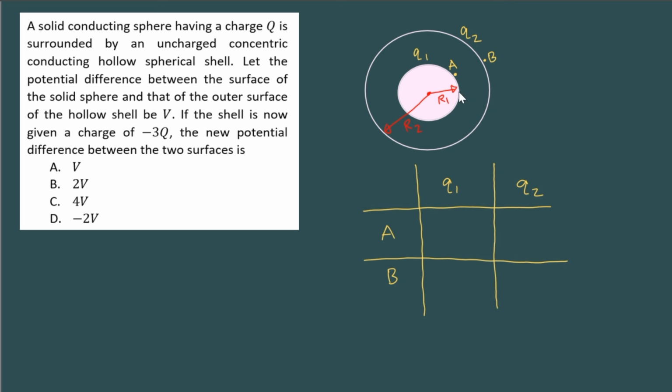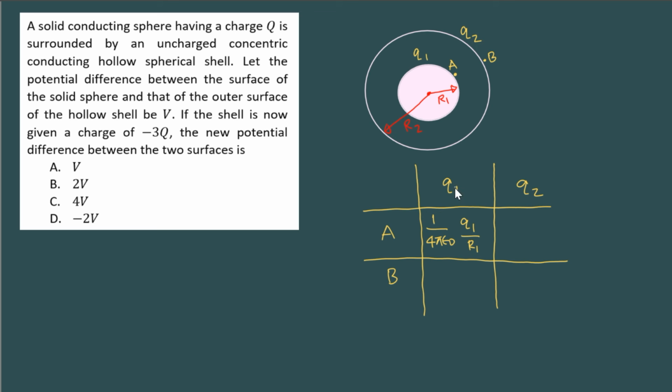Now what is the potential due to Q1 at A? It is a point just outside, so we simply have 1 by 4 pi epsilon naught Q1 by R1. Now if I take a look at point B, it is anyway outside the charge distribution of the inner sphere, so we just have to worry about the distance.